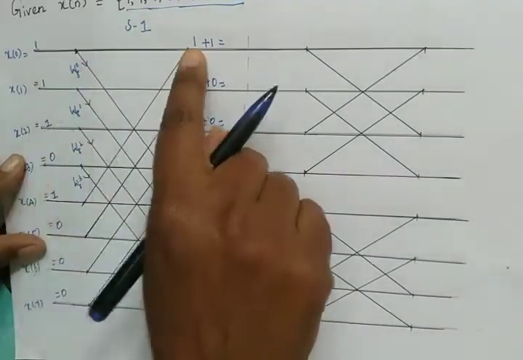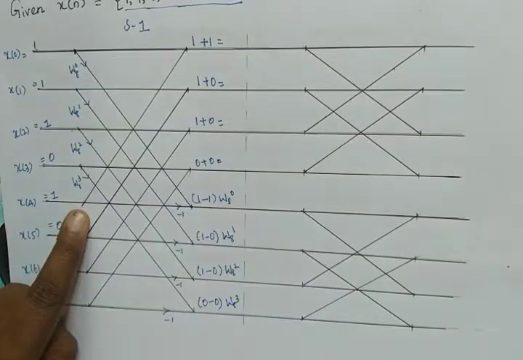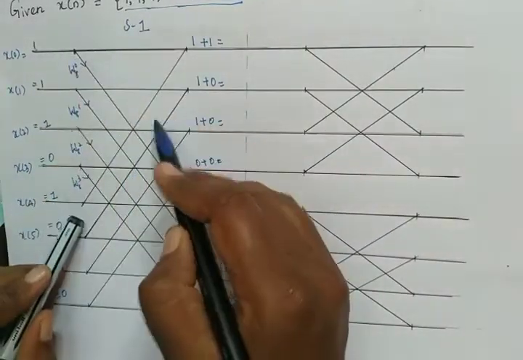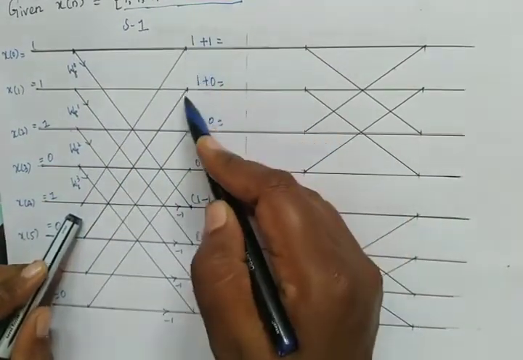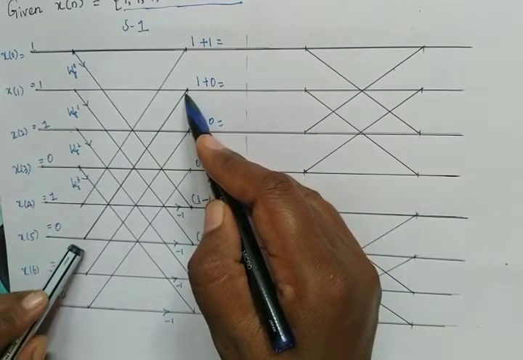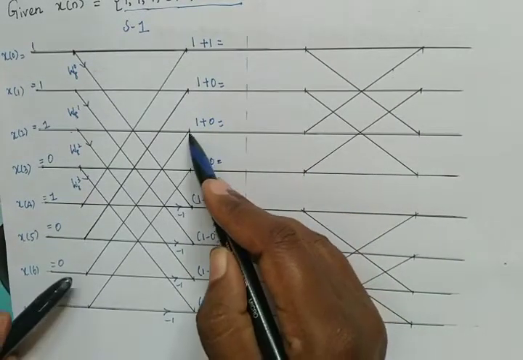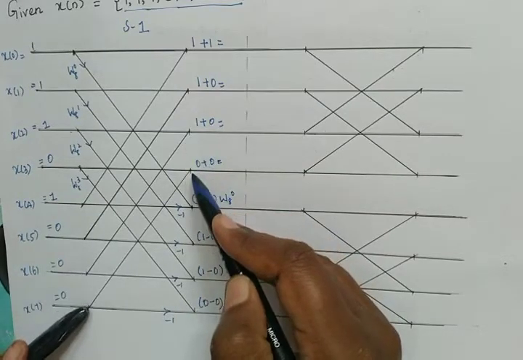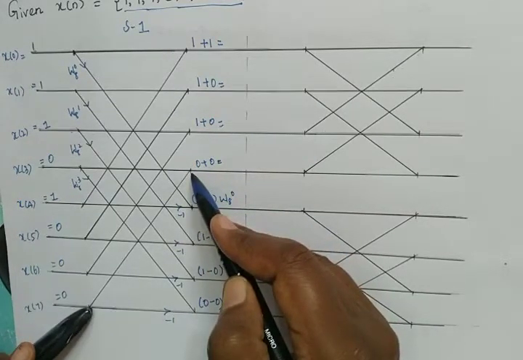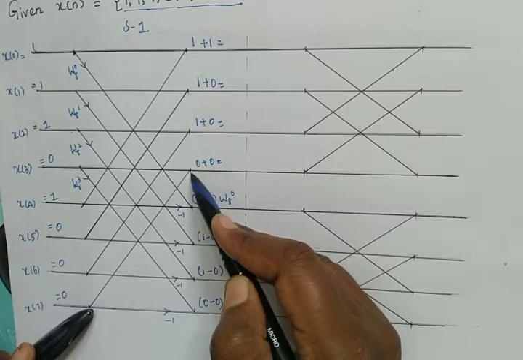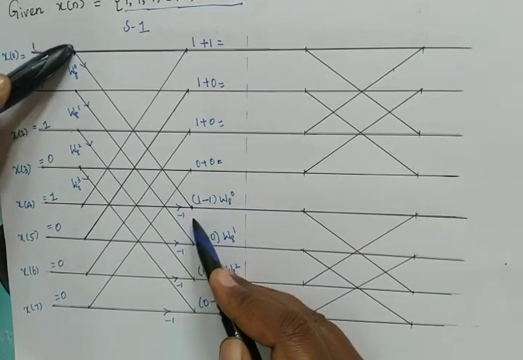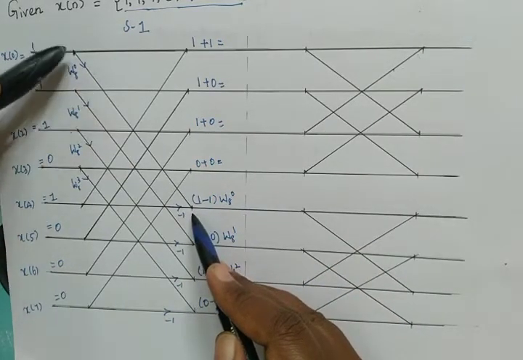So here it is 1 into 1. So here we have 1. So 1 plus 1. And here it is 1 plus 0. And here it is 1 plus 0. And here it is 1 plus 0. Then next, here it is 1. And here it is 1.